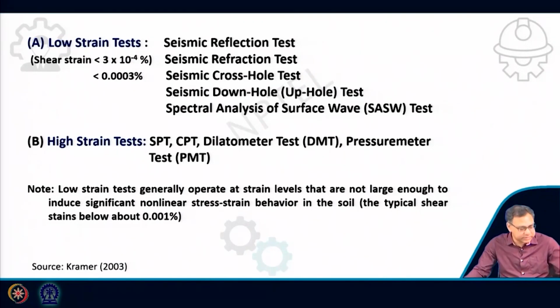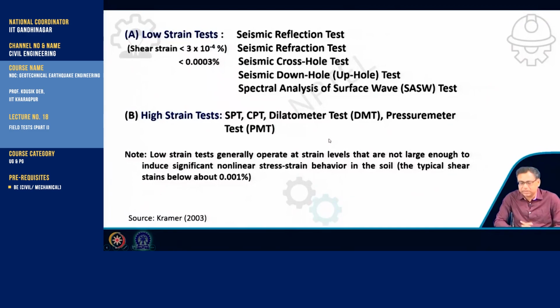Now, what is a low strain test? Low strain tests generally operate at strain levels that are not large enough to induce significant nonlinear stress strain behavior in the soil. The typical shear strain below which it is called a low strain condition is 0.001%.